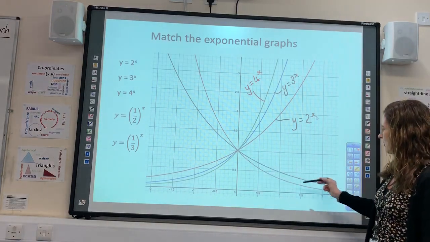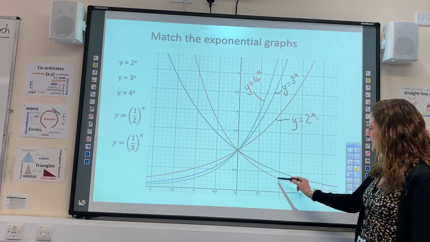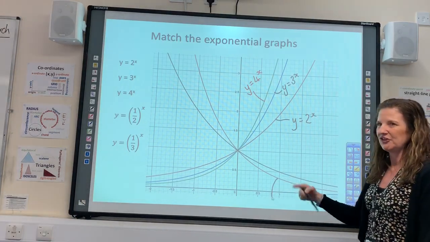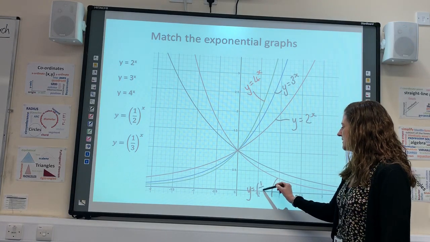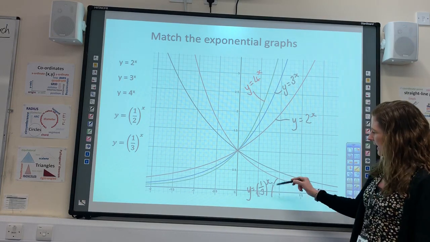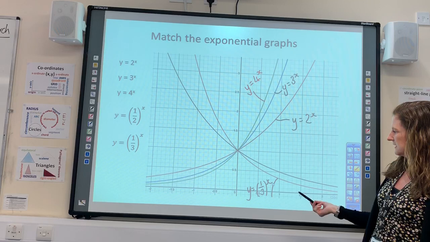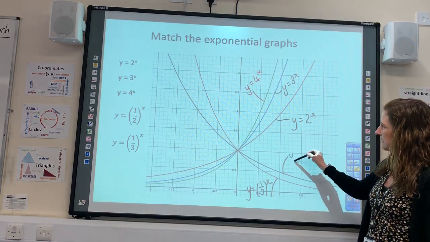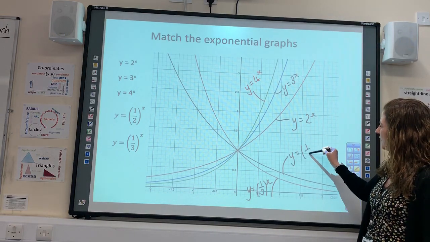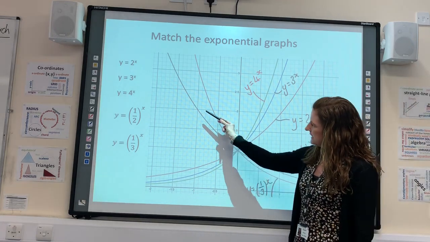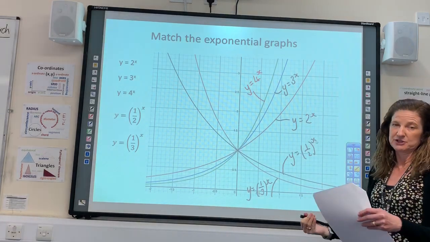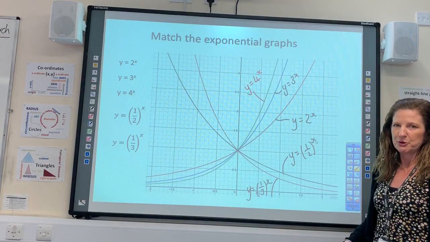When we have a look at these, the one that's going to get smallest the quickest is the one with the smallest base. So that's going to be your 1 over 3 to the x, and the other is going to be your half to the x. Again, notice that when you get into these powers, they switch over which one's on top and which one's on the bottom.